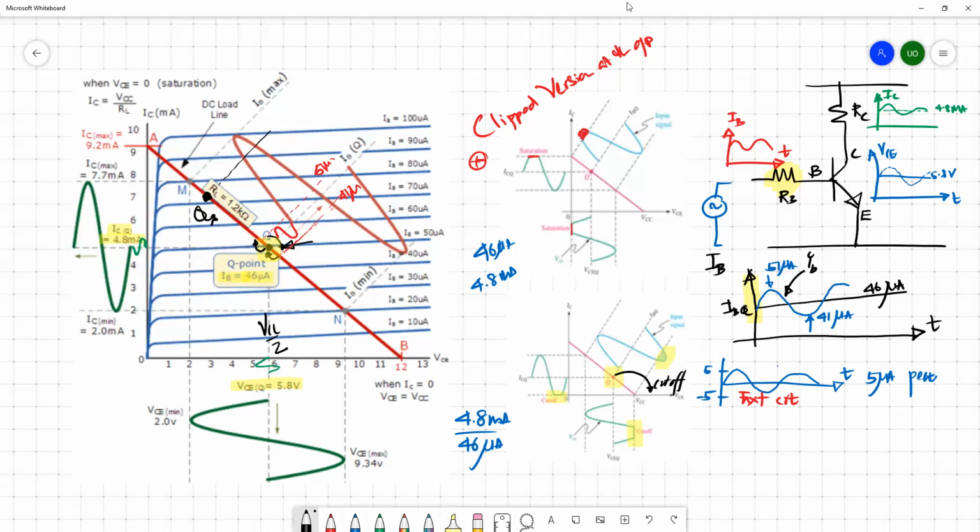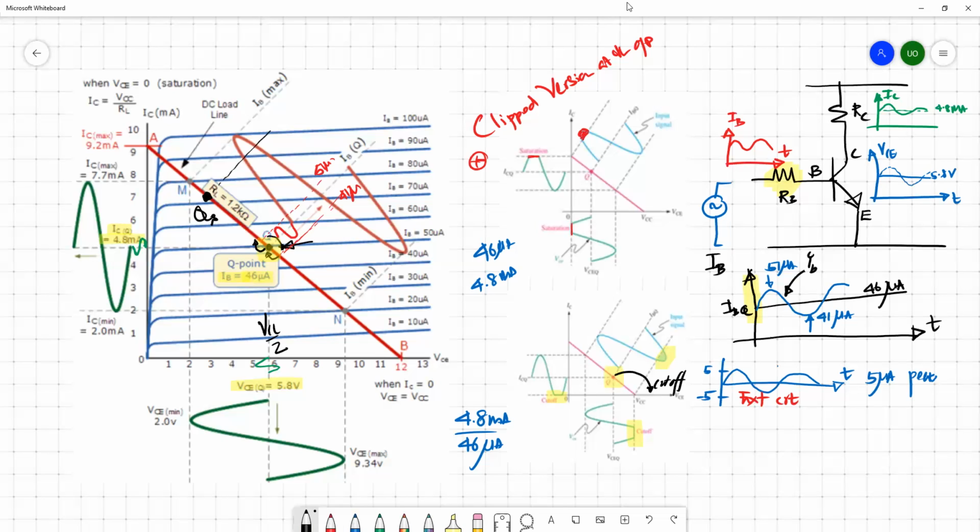Then you can guarantee that your circuit behaves pretty smoothly for purely symmetric external inputs. You can guarantee that it never ends up with a distorted version because you place your Q point in the middle of the DC load line, having a maximum span in the positive and negative directions.